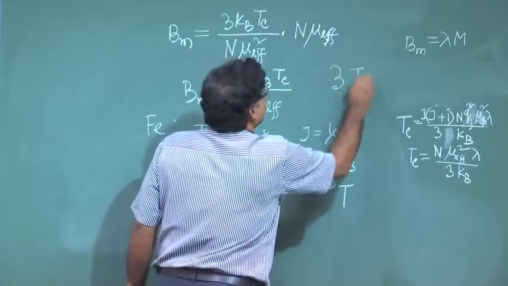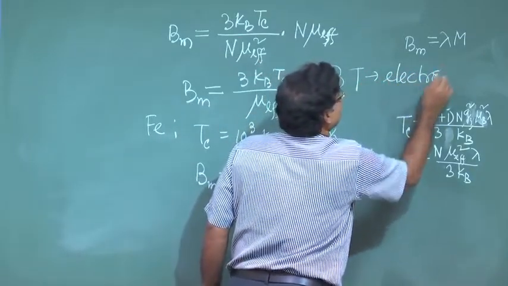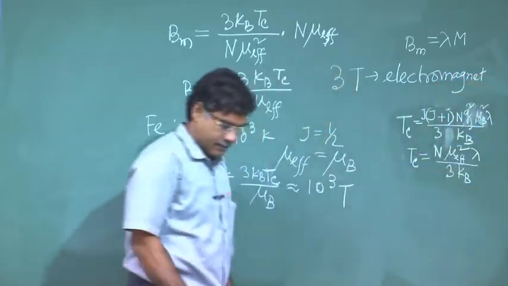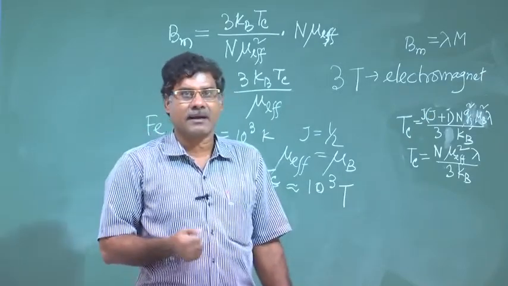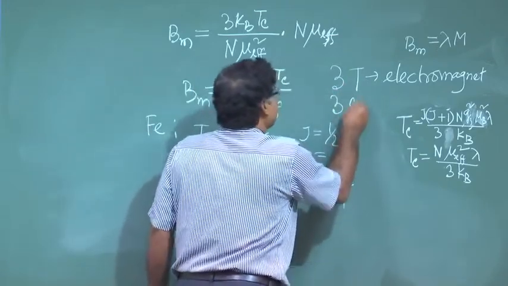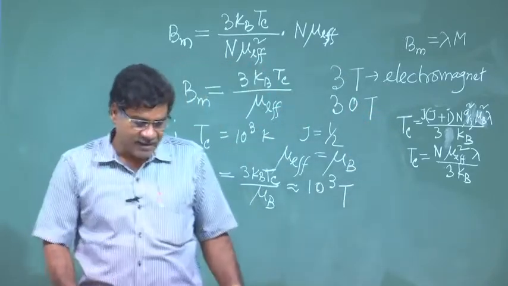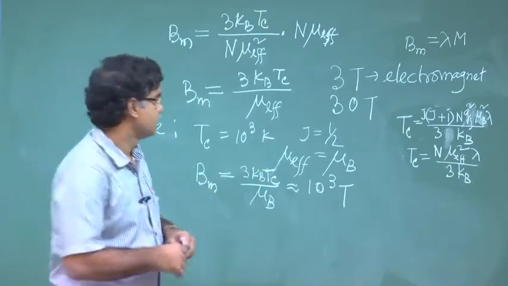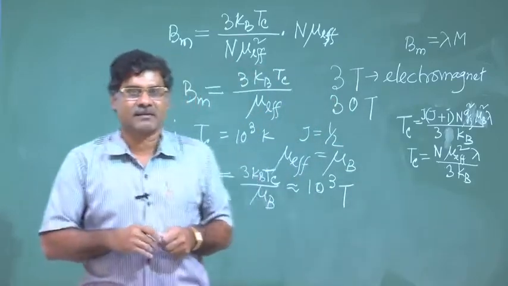Okay. That is from an electromagnet in our lab. And using a superconducting magnet, nowadays one can get a maximum of around 30 Tesla. So, in the lab it is very difficult to produce even 30, 40, 50 Tesla.